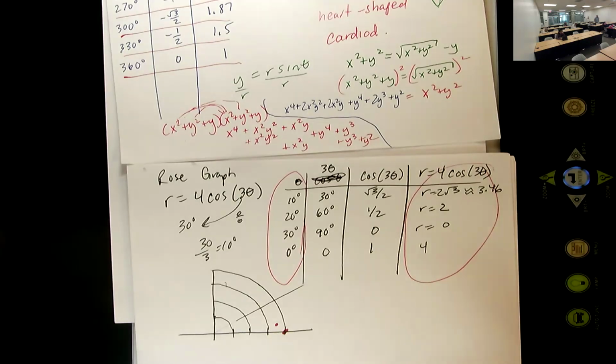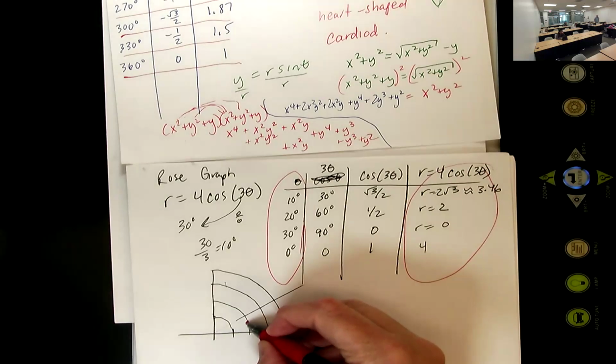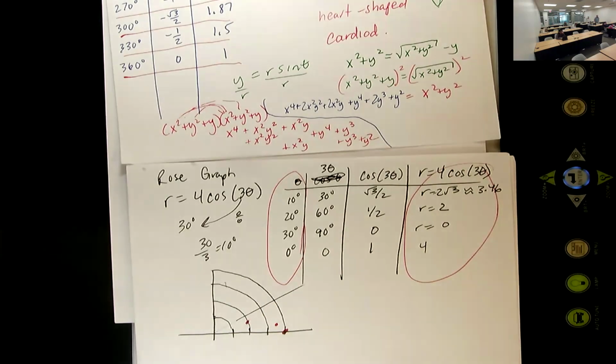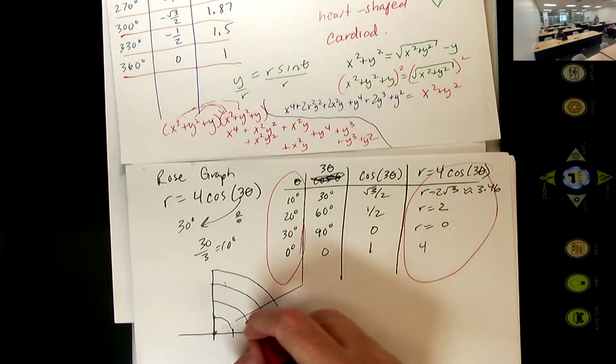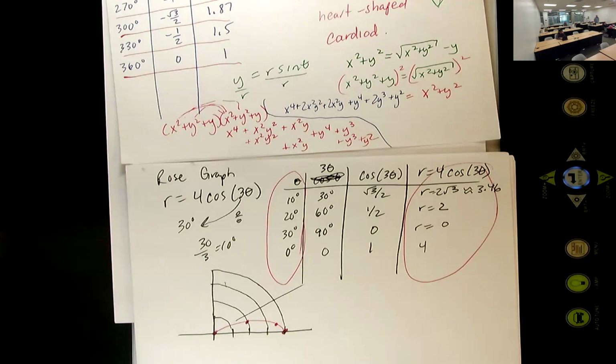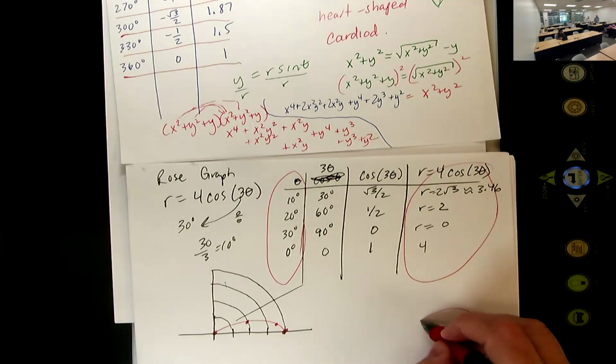When I go 20 degrees, I'm out 2. And when I go 30 degrees, I'm out 0. That's just doing the first part there. When you're done, you're going to have something that's doing this.